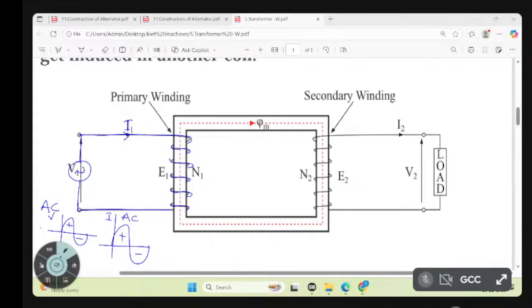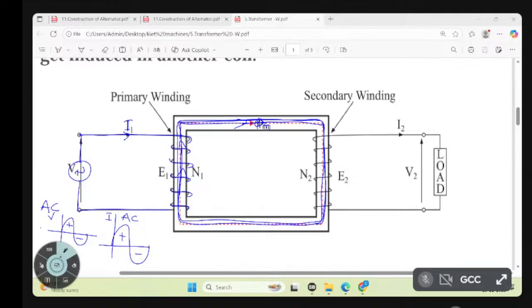Because of the winding around the iron piece, a flux will be established in this core. Flux will flow like this. That is called the maximum flux direction.